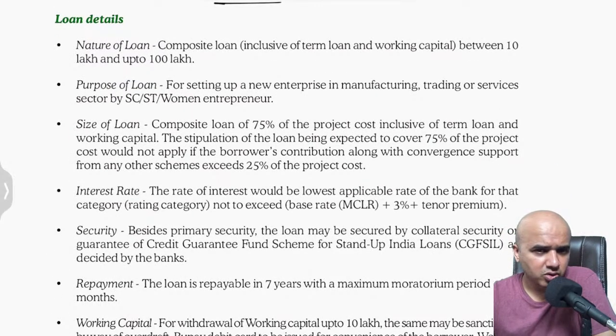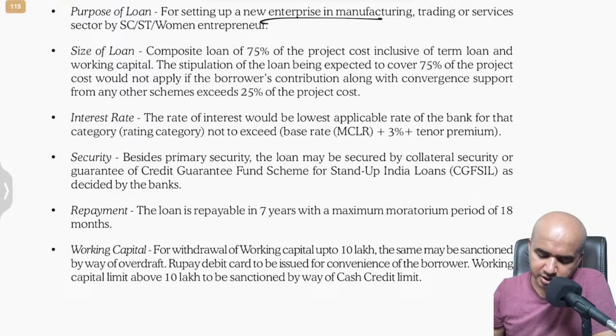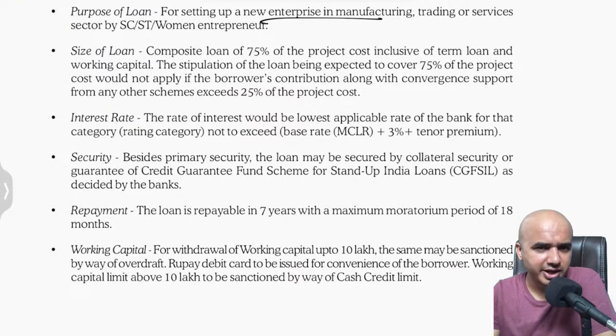Loan details: a composite loan, including working capital, between 10 lakhs and up to 100 lakhs, that is 1 crore. Purpose of the loan: for setting up a new enterprise in manufacturing, trading or whatever it is. Size of the loan: 75% of the project cost, inclusive of term loan and working capital. The stipulation of the loan covering 75% of the project cost would not apply if the borrower's contribution along with convergence support from any other scheme exceeds 25% of the project cost.